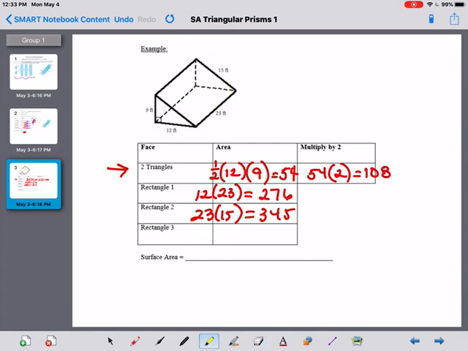And then finally, if I take a look at the last rectangular side, over here, we can see that we have a width of 9, and the length is going to be the same as the length of the base, 23. So 9 times 23 is going to give us an area of 207 square feet.